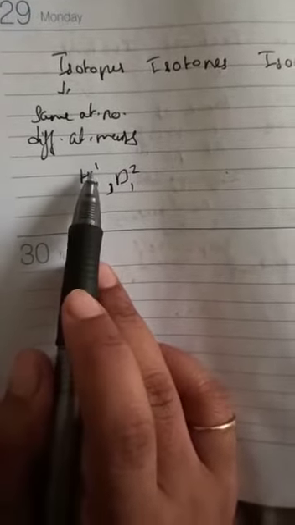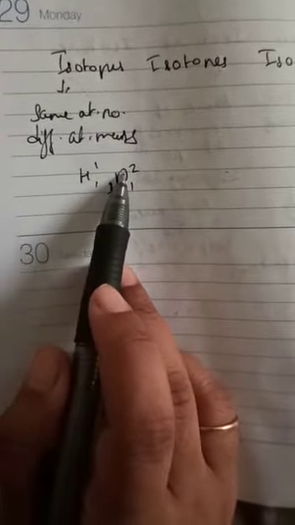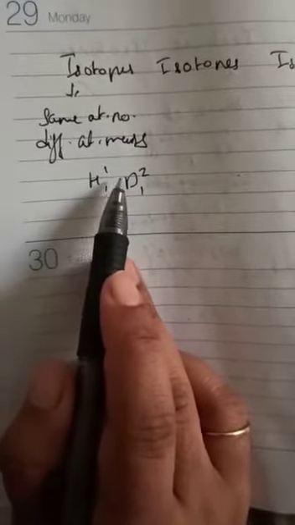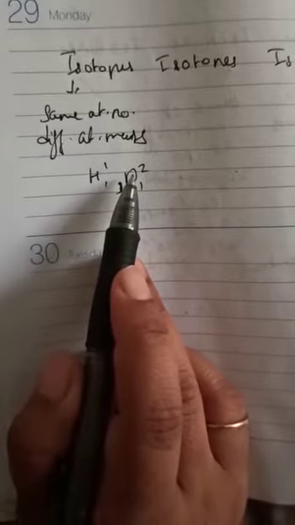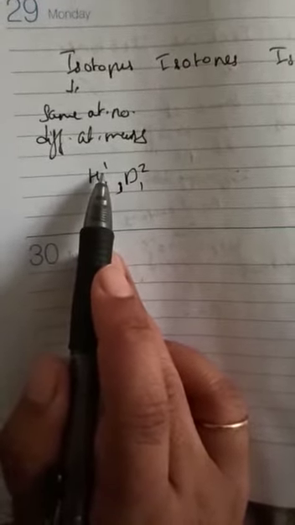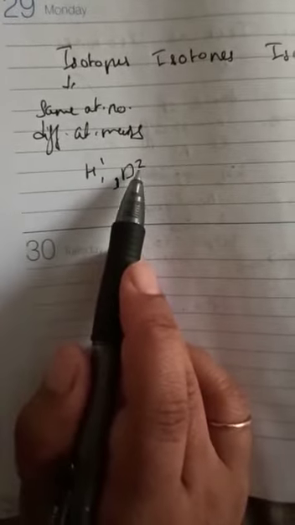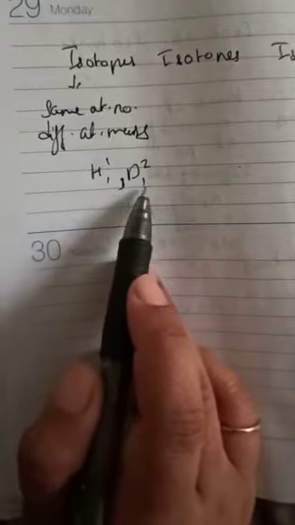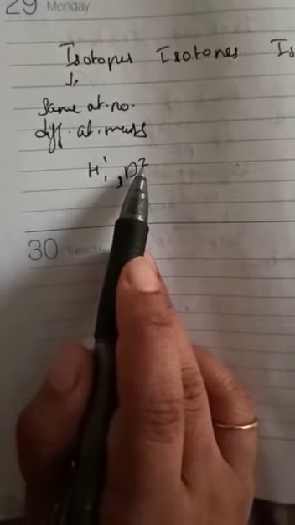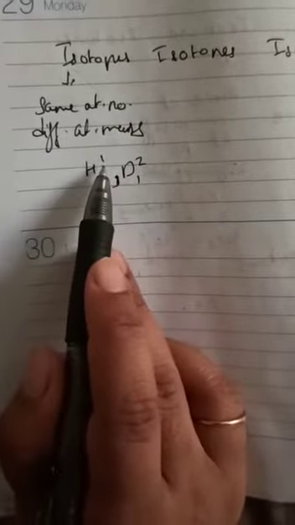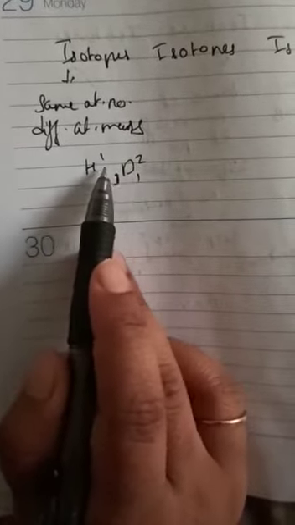But atomic mass is basically the mass of the nucleus, which has protons and neutrons in it. So it is basically the sum of the protons and the neutrons. So here we can see that the atomic mass is different. But if we are having same number of protons, then there must be some difference in the number of neutrons. That is why we are having different atomic mass here.